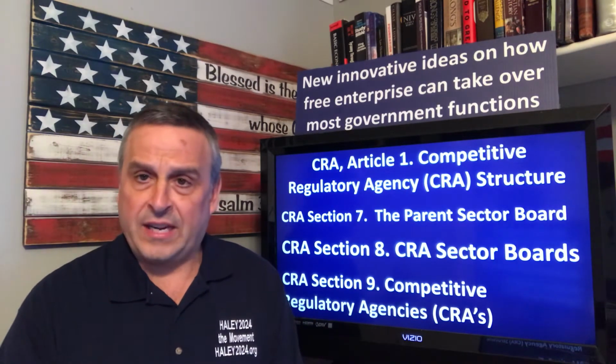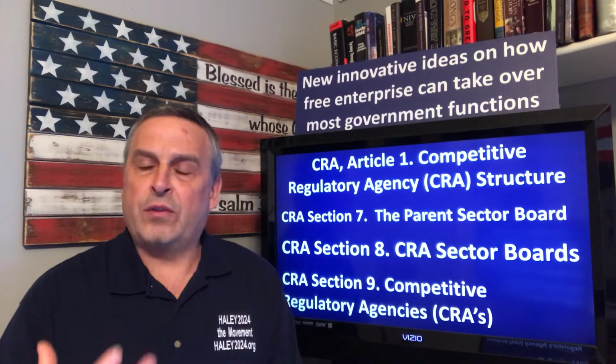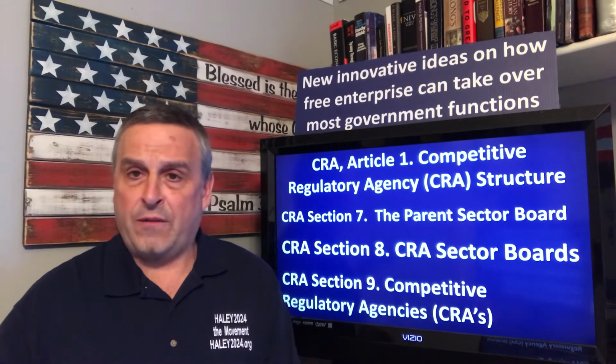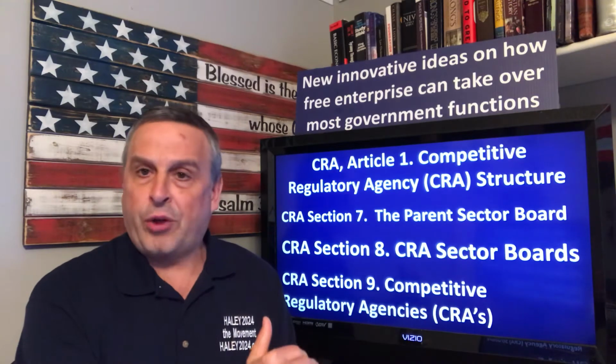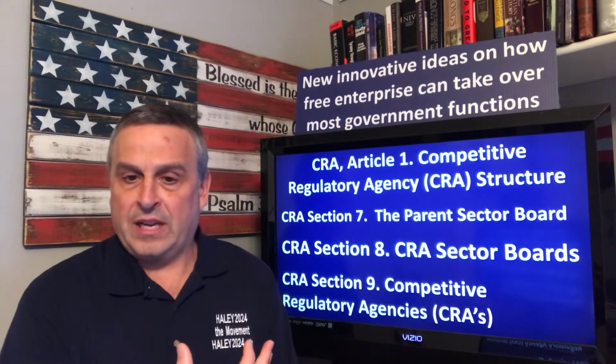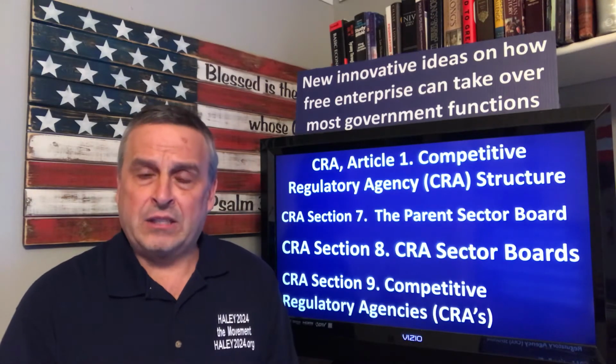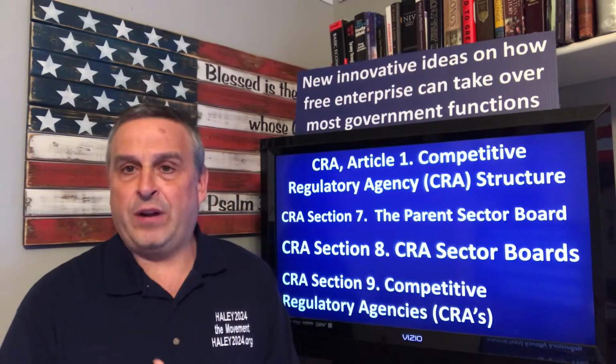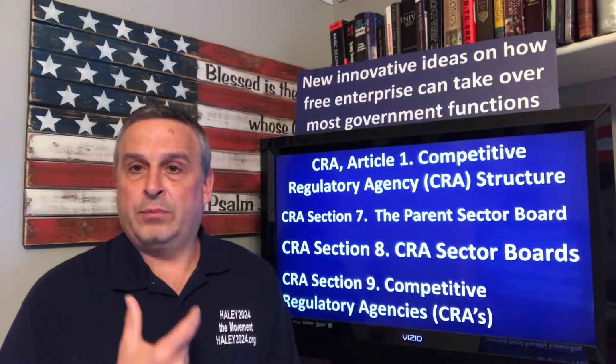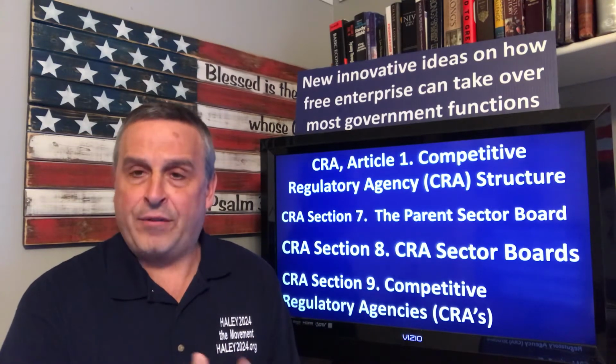But the oversight, societal oversight roles, law enforcement authorization, the military authorization, that has to be at the sector board level. And any military personnel, any police officer, they need a 70% vote to have their badge, to have their authority.